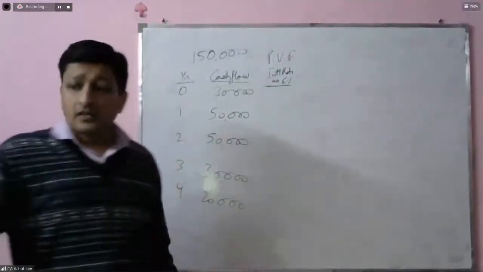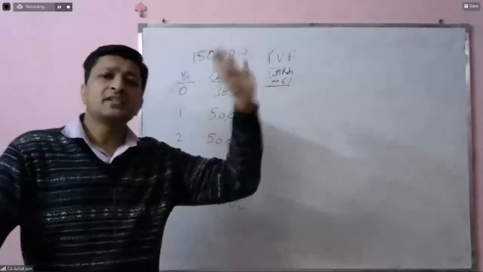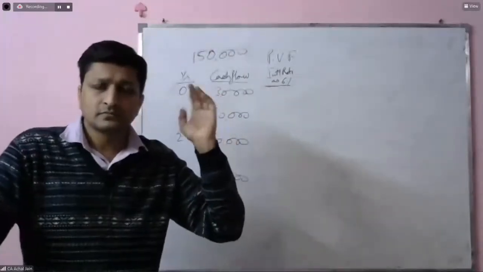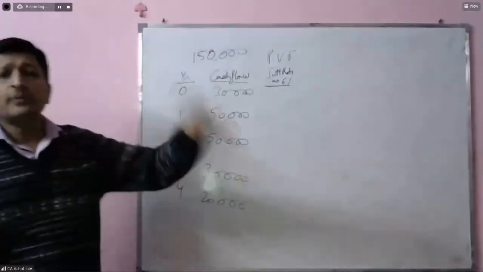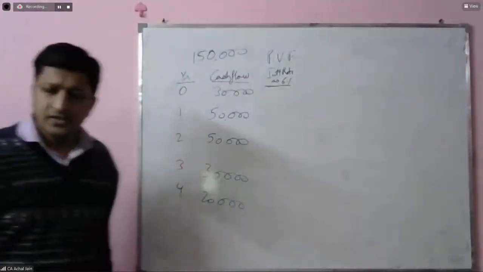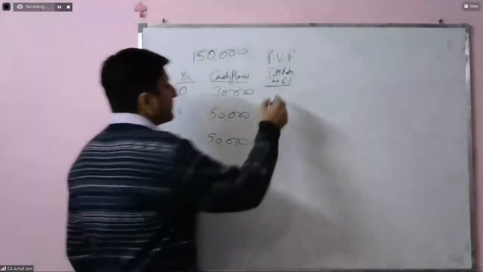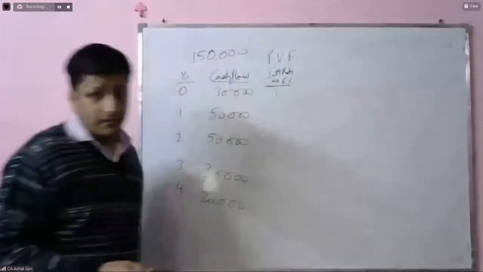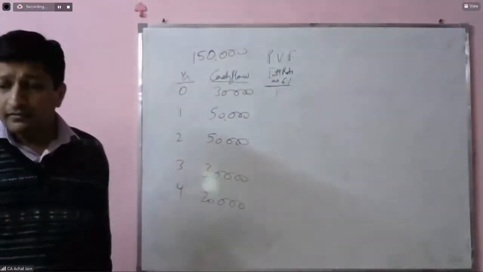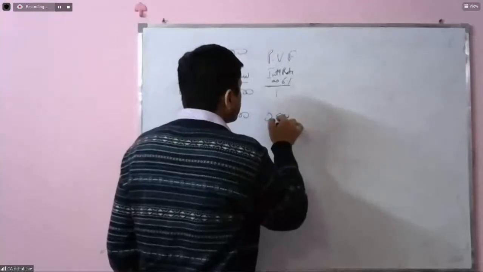Now you may think, sir, how did you get 6%? Any percentage I can pick. You may take 7%, you may take 8%. I'm just taking 6%. Any percentage you can take, and I'll compute the PV factor. So the PV factor for day 0 will be 1. At the end of year 1, it will become 0.94.